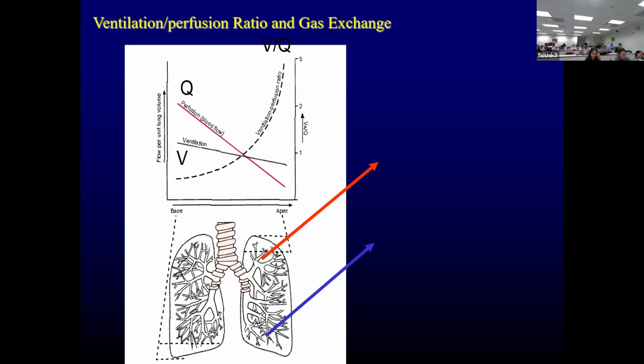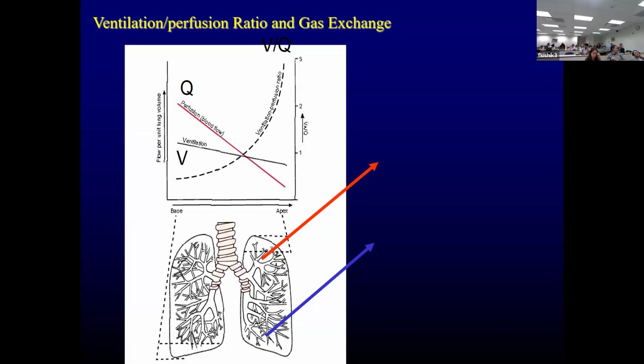The entire lung has millions of alveoli. But if I look at the alveoli at the base, there is more perfusion compared to ventilation. Why do I say that? At the base, there is more perfusion relative to ventilation. Why is there a confusion? This is the perfusion, going down as I move to the apex. This is the ventilation, also going down as I move to the apex, but it does not decrease as much as the perfusion.